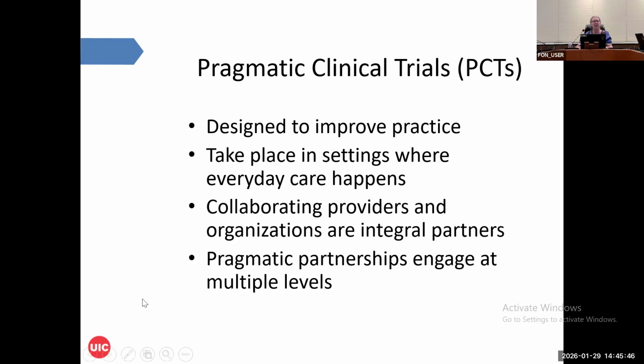So you're not just engaging at the patient level anymore. You're also engaging at the provider level, at the organization, hospital, or community clinic level, and certainly what you do is get the key stakeholders involved. So at the hospital level or the clinic level, that might be the administrators. At the community level, it would be community partners.